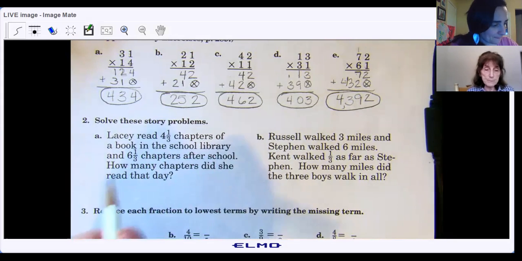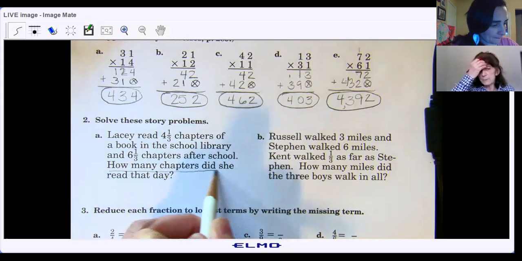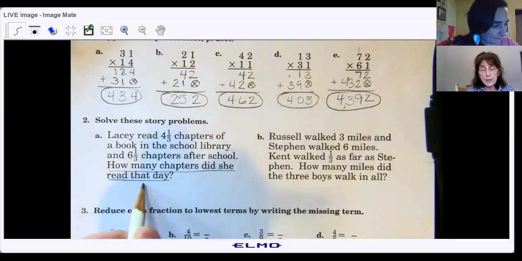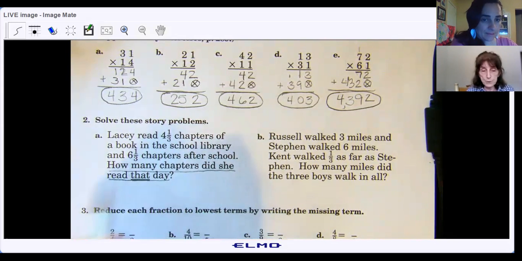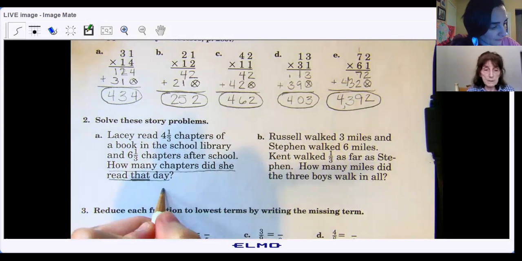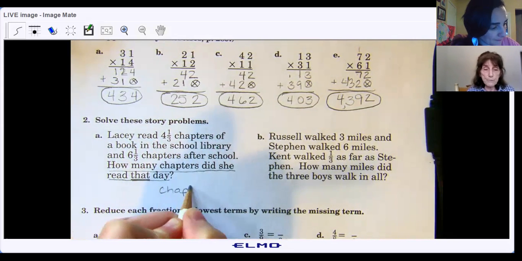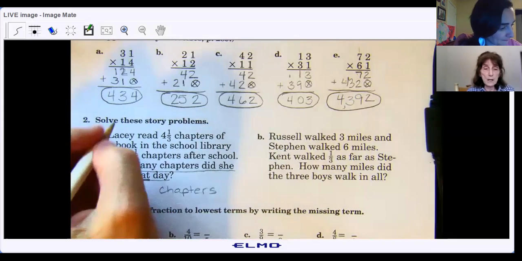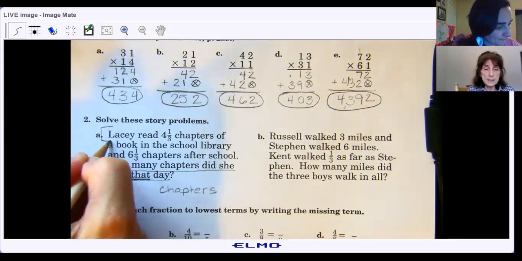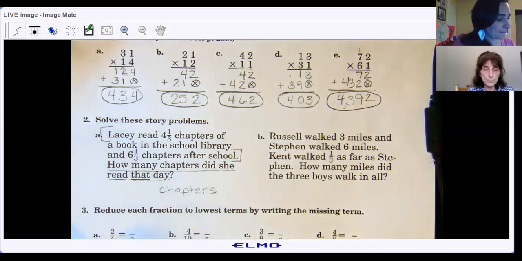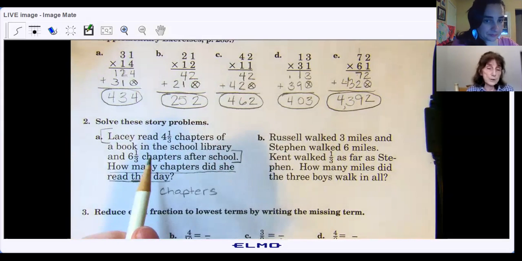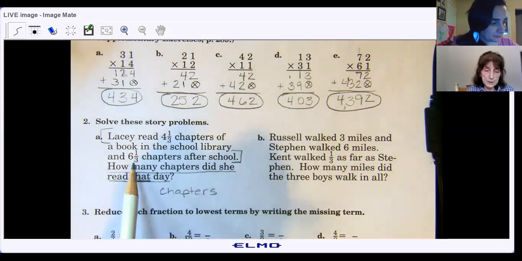So how many chapters did she read that day is going to be your question. Your answer is going to be chapters is your label. All right, that day. So she read 4 1/3 in the school library and then 6 1/3 afterwards. All right, and you're going to have to do something with those numbers, but I'm not going to tell you.